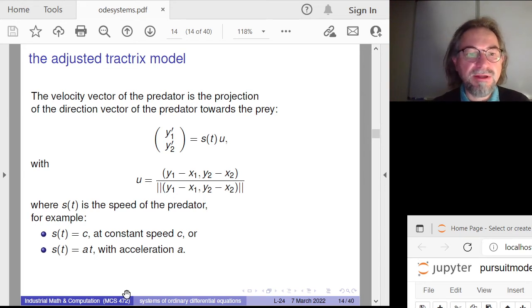So if the constant speed is 1, then the predator will never catch the prey. Likewise, if the speed is less than 1, this could be a predator giving up, slowing down, but you could have a constant speed that is larger than 1.